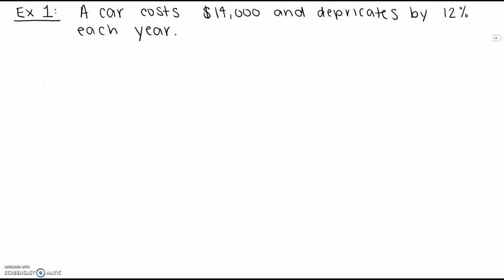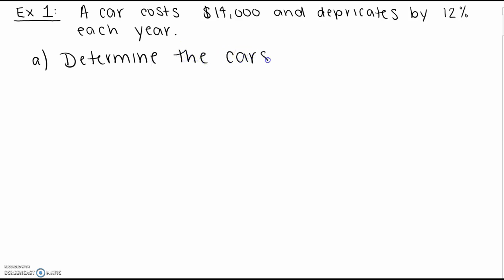Alright, so let's do an example. Example 1, a car costs $14,000 and depreciates by 12% each year. So, part A, the first thing I want us to do is determine the car's value for the first 3 years.